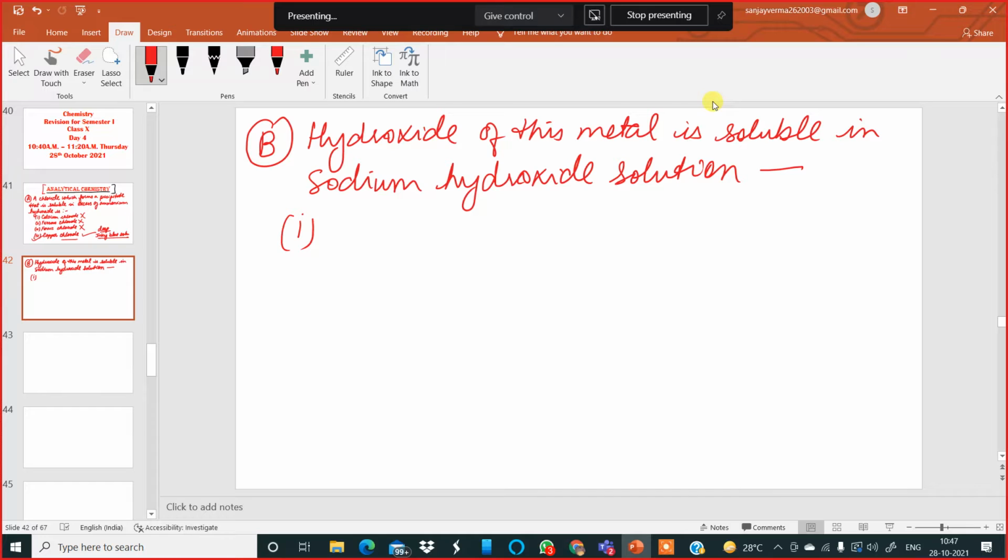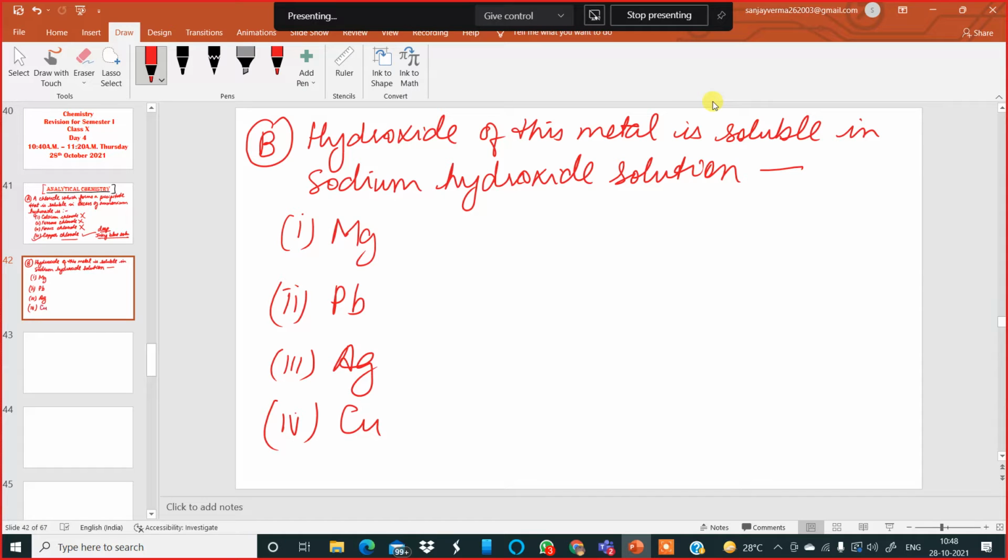The first metal is magnesium. The second metal is lead. The third metal option given is silver. The fourth metal option given is copper.